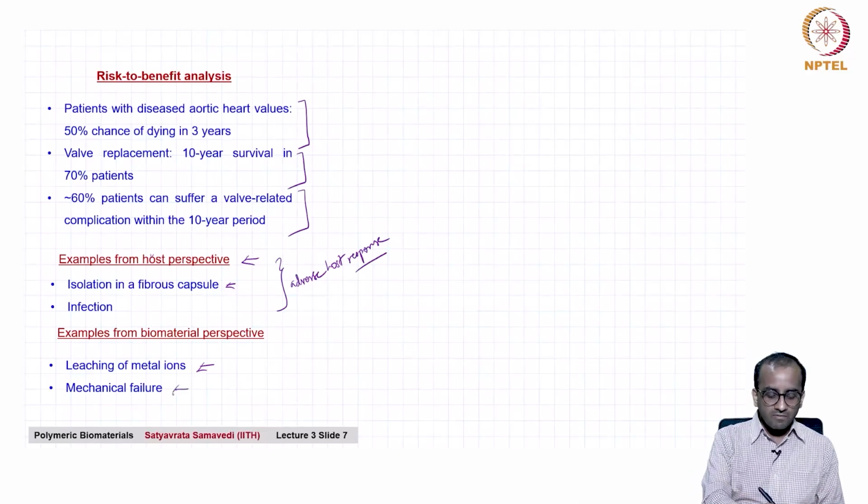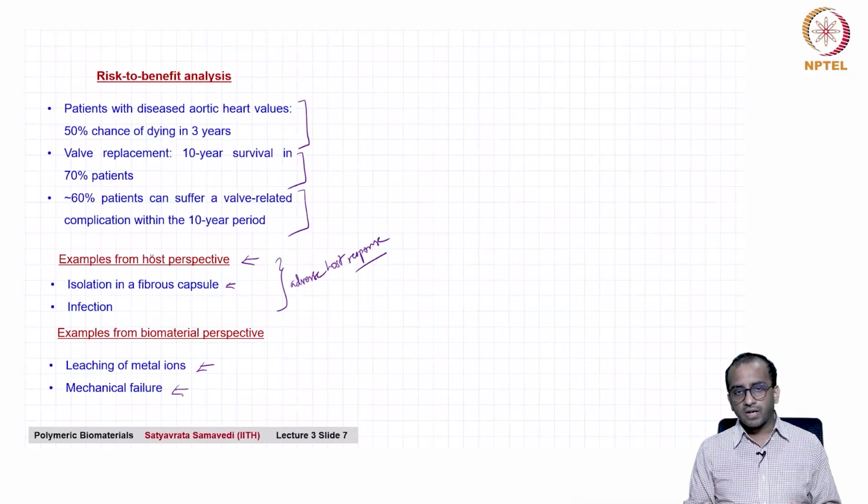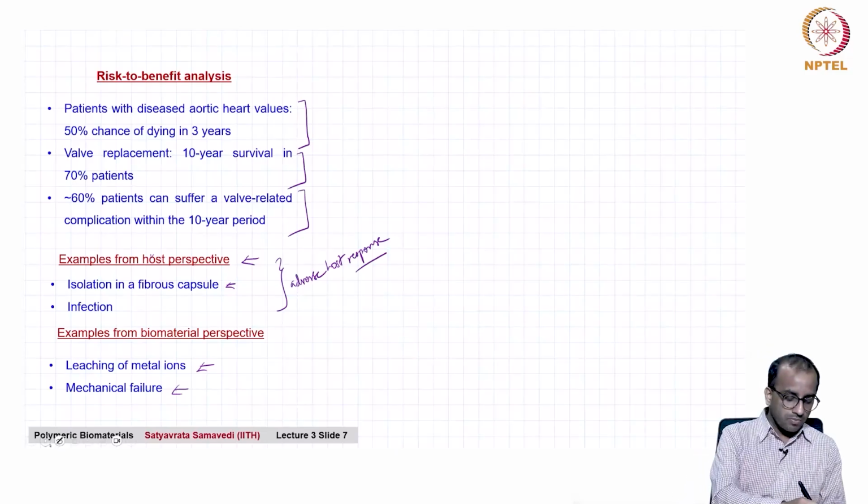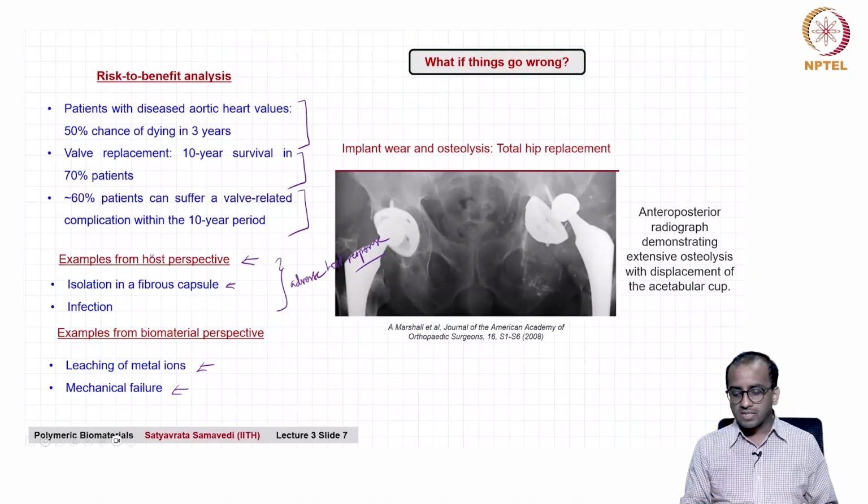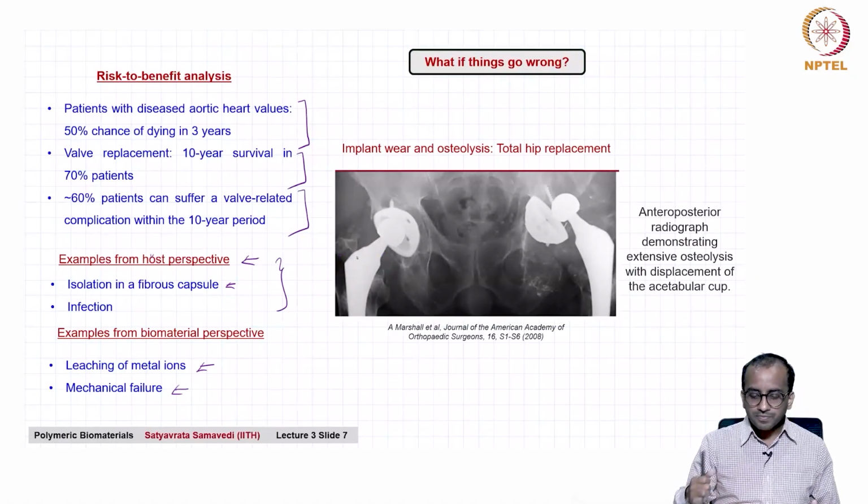You can also have mechanical failure of the material, where this typically can happen in orthopedic applications, where a hip implant or a knee implant can loosen with time, particularly a hip implant can loosen with time, and that can lead to issues.